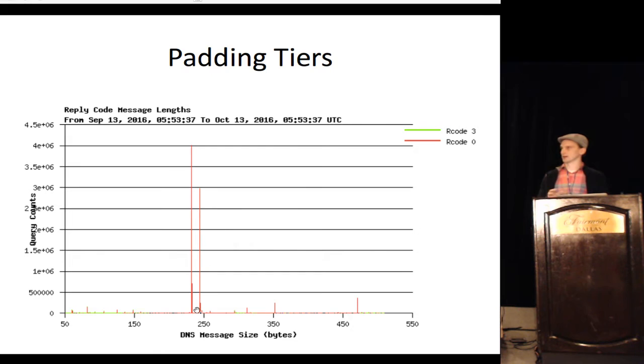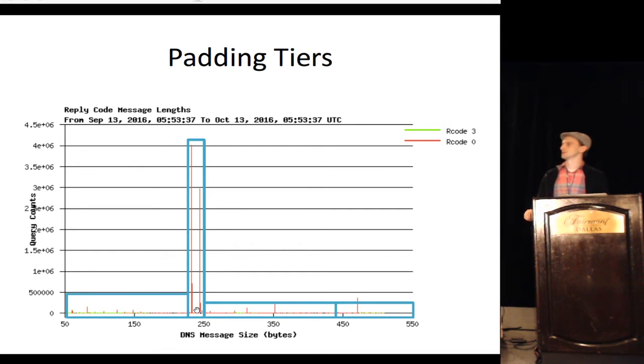If you were to look at the cumulative distribution of these requests, you could bound them by the area of requests in these particular ranges, and that then would become, for example, your tier boundaries for padding. So anything that was within the 50 to 230 byte range would be padded to 230 bytes. If the response was in the 230 to 250 range, it'd be padded to 250, and so on and so forth.